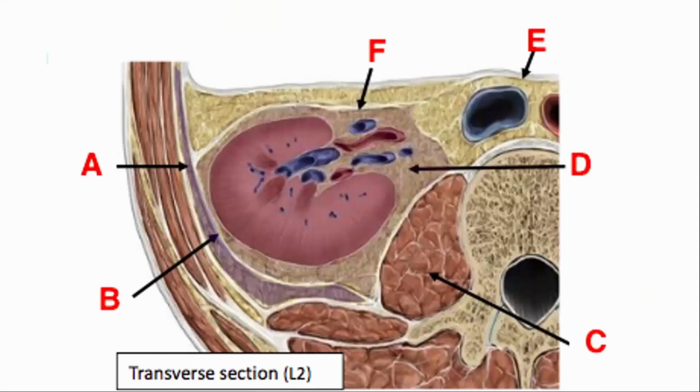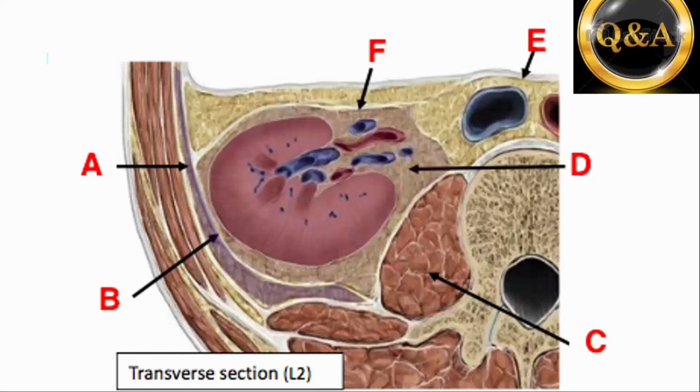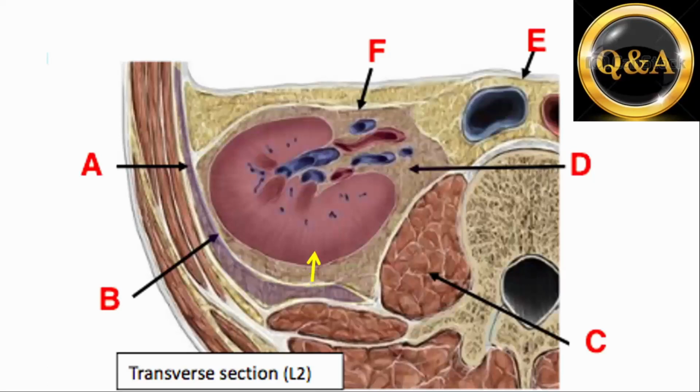Let us extract information out of this closer view of the cross section of the abdominal region, and this is where we see what we see: the kidney, outer layer, that's the cortex.